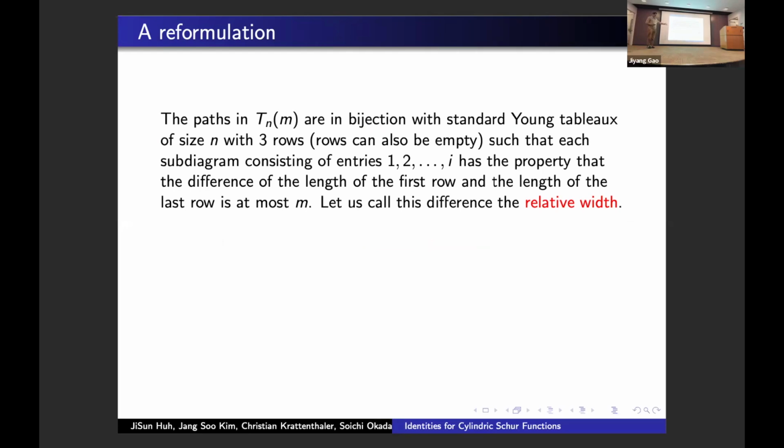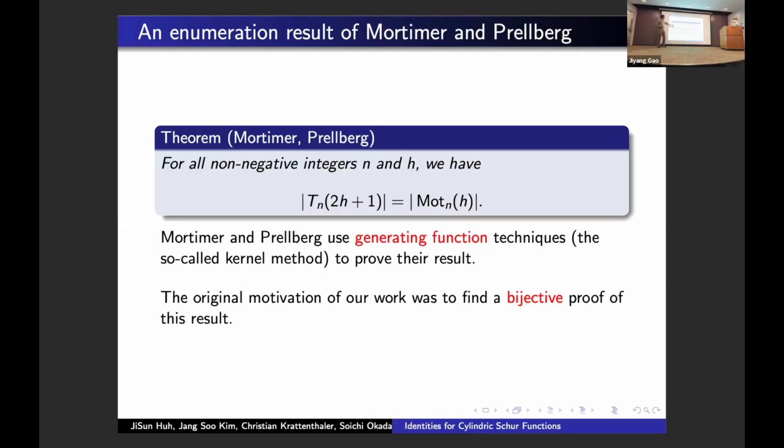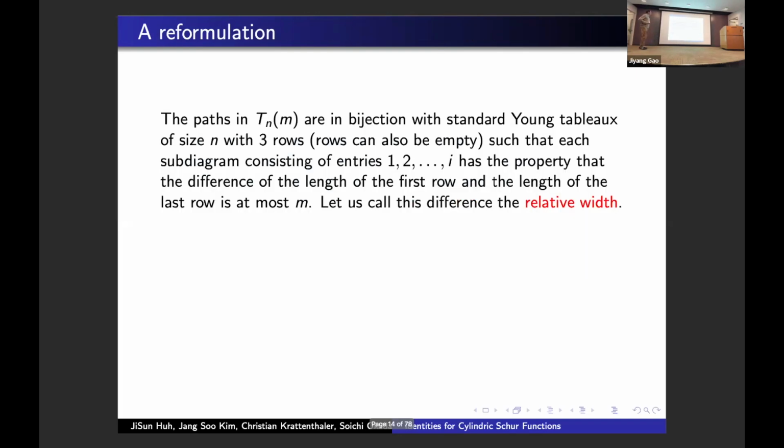Namely, just to remind you, on the left-hand side you have T_n of something, and on the right-hand side you have M_n of something. The paths on the left-hand side are in bijection with certain standard Young tableaux. They have size n, 3 rows, and then there is a funny condition, a kind of cylindric condition.